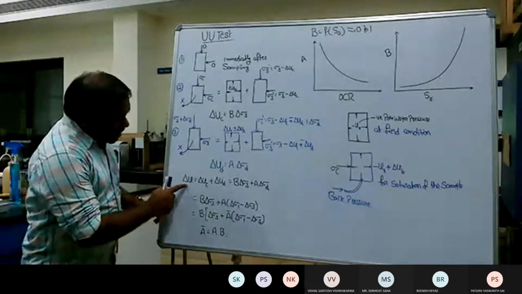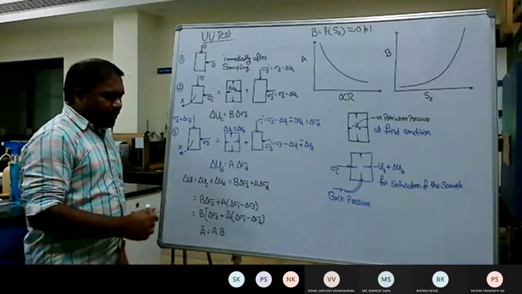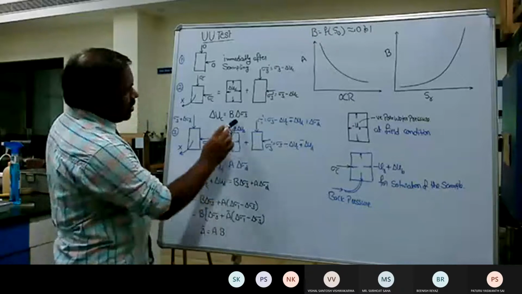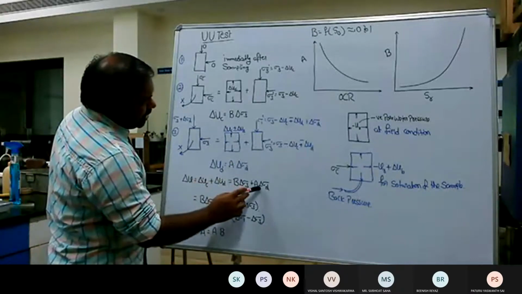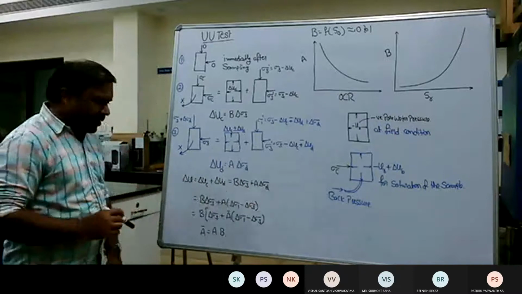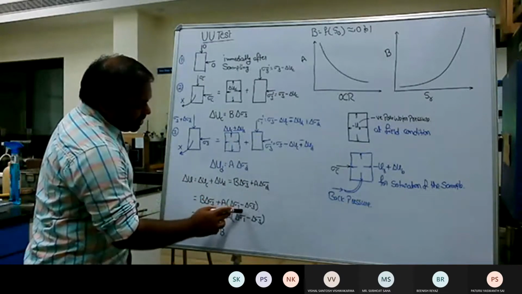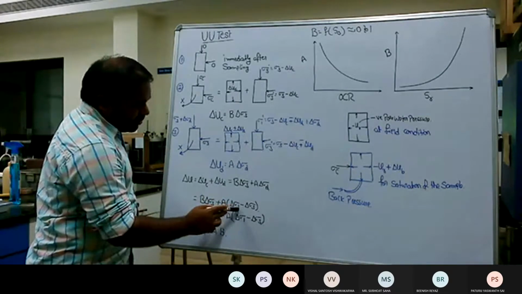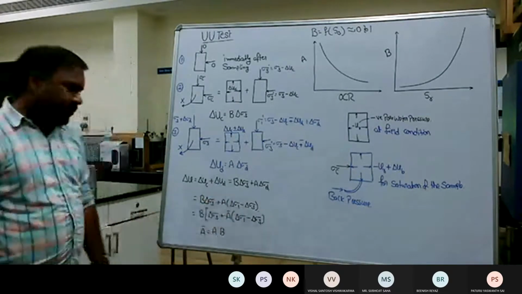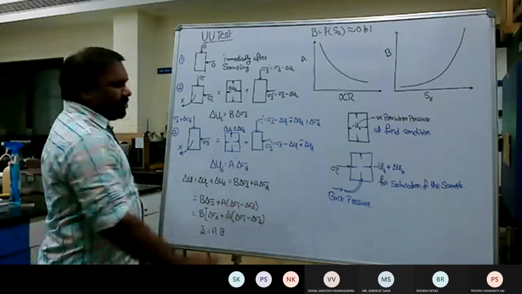Now the total pore pressure is nothing but delta UC plus delta UD, where delta UC is nothing but B into delta sigma 3, and delta UD is nothing but A into delta sigma D. Delta sigma D is again nothing but the difference of major and minor principal stresses, delta sigma 1 minus delta sigma 3. While in some books, this equation is further simplified.